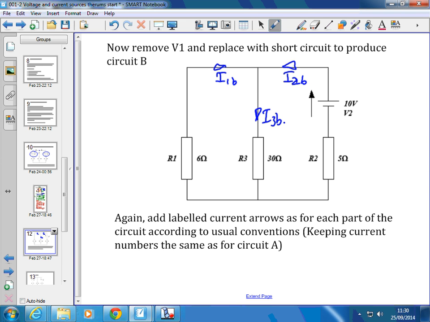Put some voltage arrows on. Which direction do I put on for VR2? Up or down? Down, yeah. The current's going that way. VR2 must be opposite it. What about up or down for VR3? Up.